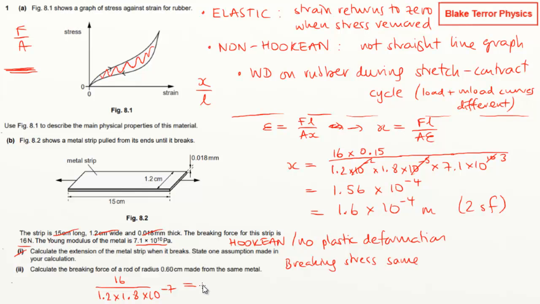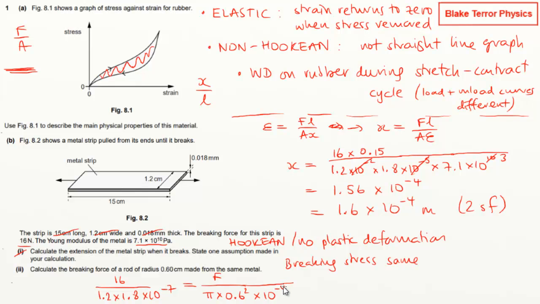That is going to be equal to whatever we're looking for divided by our pi r squared. So that is pi multiplied by, what was it, 0.6 squared, and then we're going to have a 10 to the minus 4 in that.